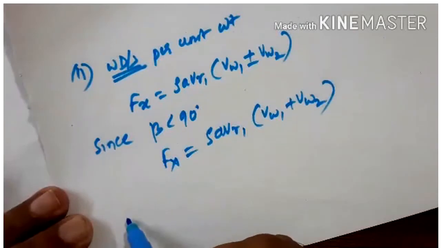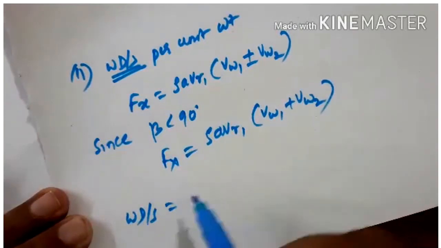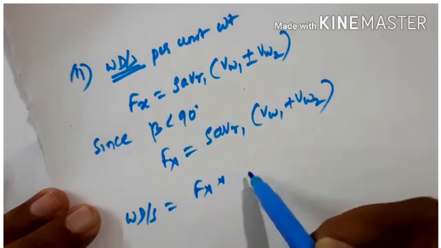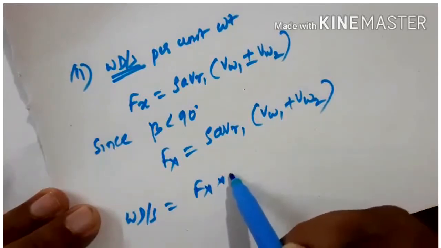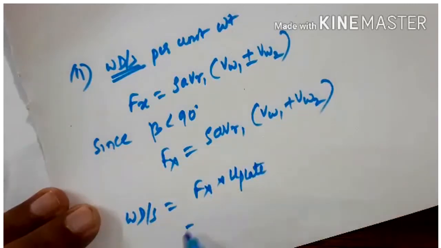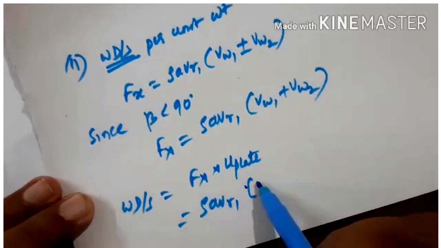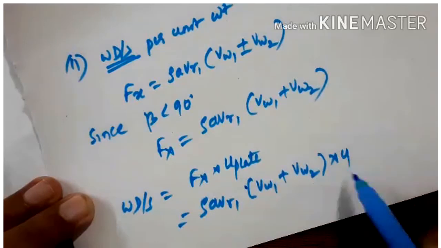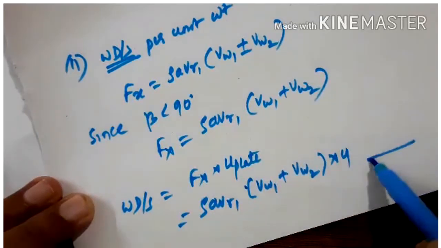And work done per second is Fx into the velocity of the plate. So Fx is rho A VR1 into (VW1 plus VW2) into U.